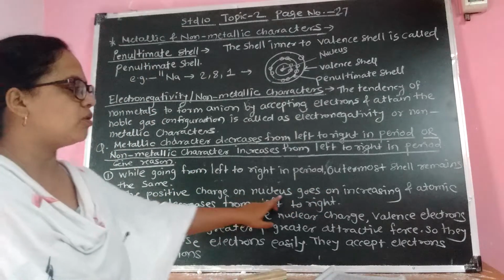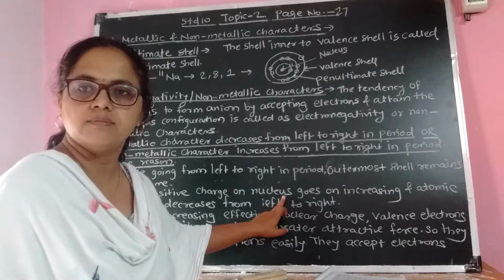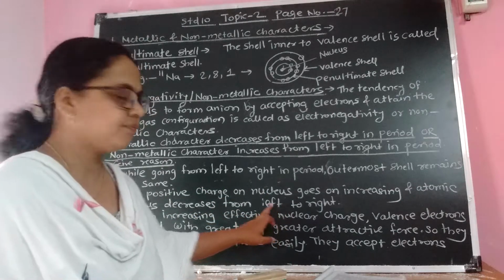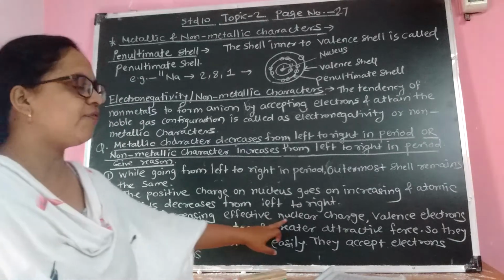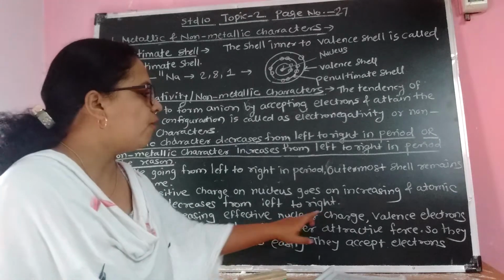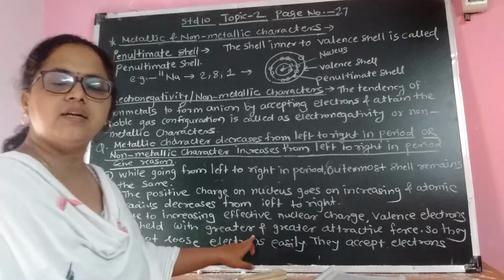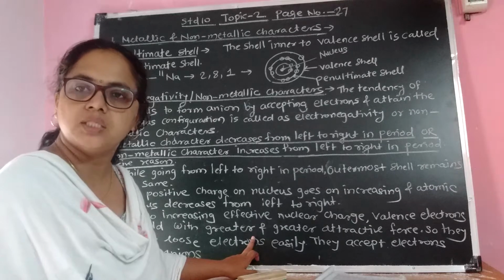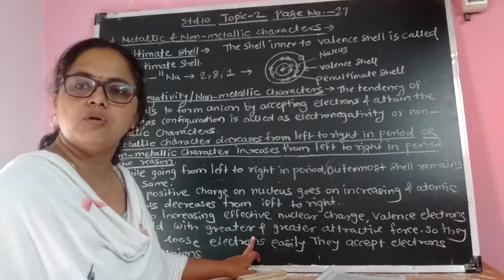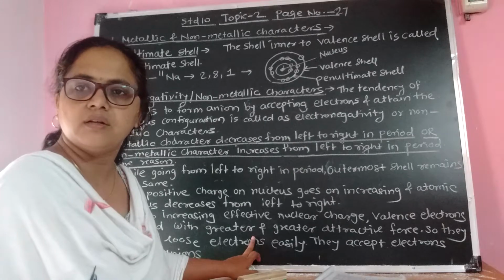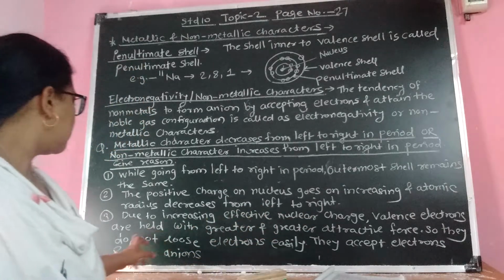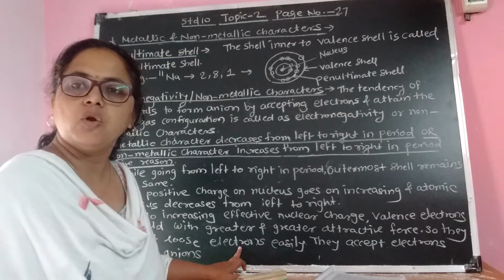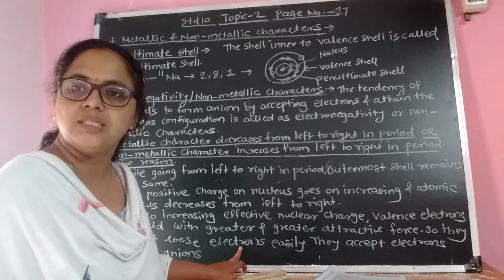The positive charge on the nucleus goes on increasing from left to right, and atomic radius decreases from left to right in a period. Third point, due to increasing effective nuclear charge, valency electrons are held with a greater and greater attractive force. That is, due to increasing positive nuclear charge, they attract valency electrons toward themselves with greater and greater force. So, they do not lose electrons. So, non-metals do not lose electrons very easily.